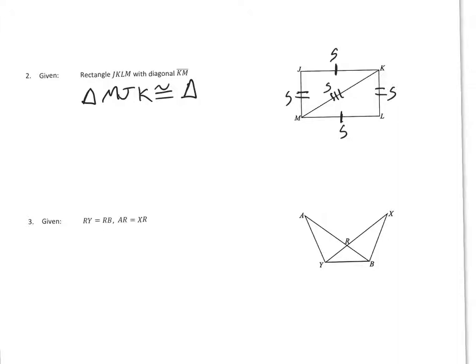So it's going to match up with point K. And then the J is going to match up with point L. And then the other K is going to match up with the M. So it's triangle MJK is congruent to triangle KLM. And that's going to be by the side congruence criteria.